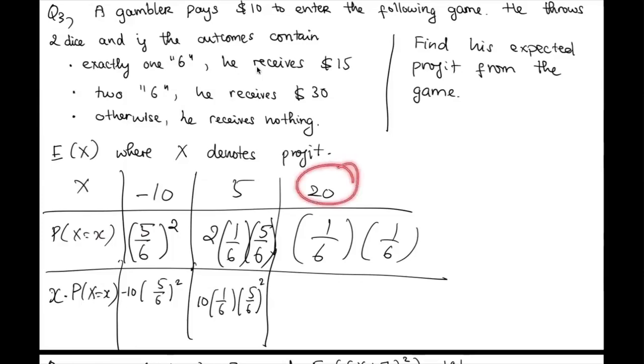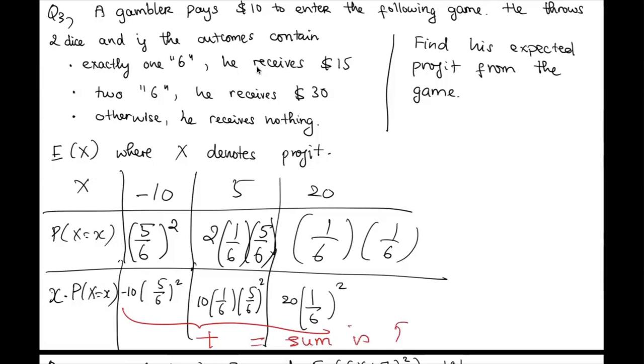For the last one, you multiply this with this. And then the expected value would be the summation of this row. You take the 3 numbers here, add them together, and the sum is expected value of X, which means the expected profit that he got from the game.